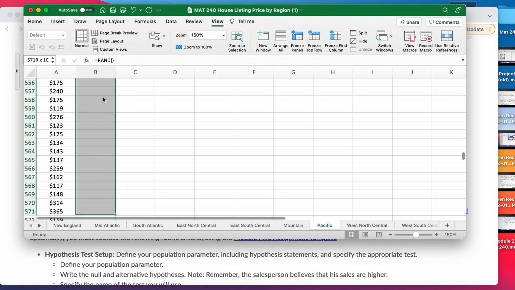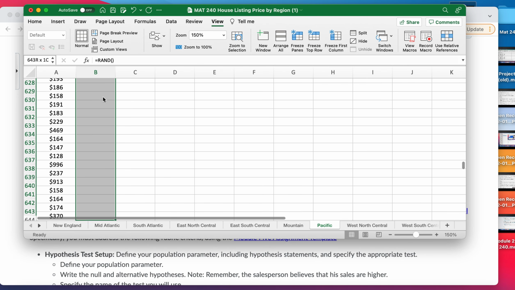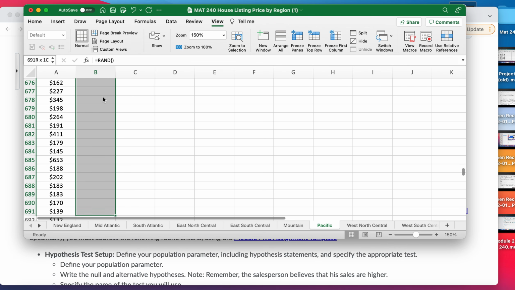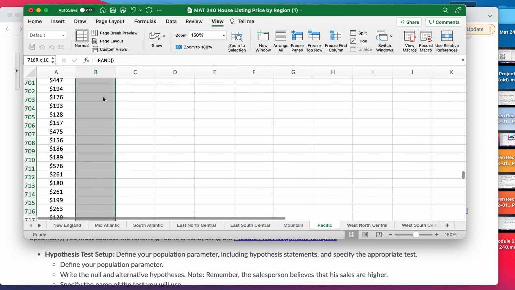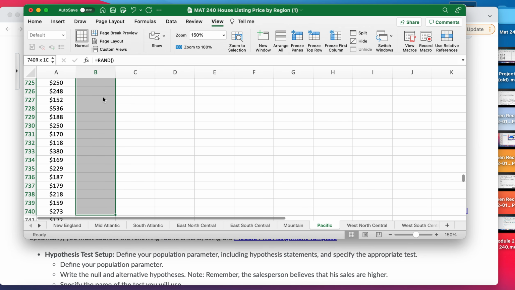Okay, we want a sample of 750. So after we put a random number in beside each one, we're going to use that sort feature again that we've used before, and that makes the numbers random.